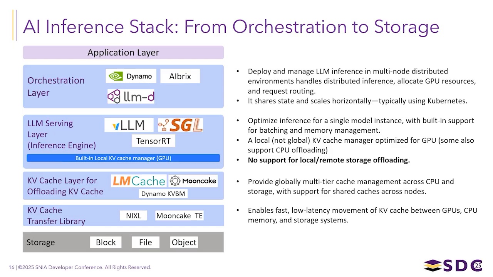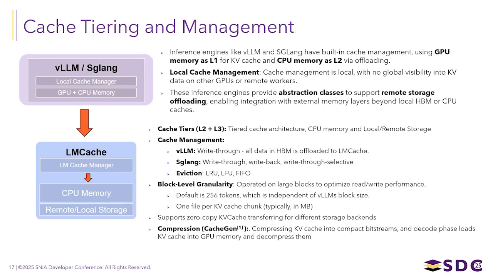And then we also have libraries that these KV cache layers use, called transfer libraries. Dynamo NIXL is one of them. Mooncake Transfer Engine is another one, and the goal of these transfer libraries is to enable fast, low-latency data movement between two given data points. This could be between GPU to GPU, GPU to CPU, or your storage, right?